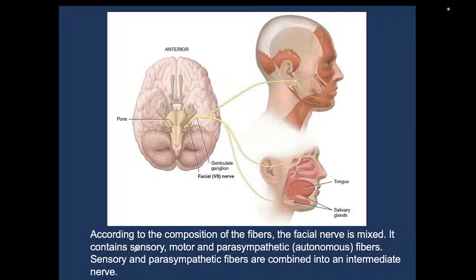If we take a look at the composition, or fiber composition, of this nerve, I'd like to tell you that this nerve is a mixed nerve. It contains sensory, motor, and autonomic fibers. Sometimes we call these autonomic fibers parasympathetic fibers.